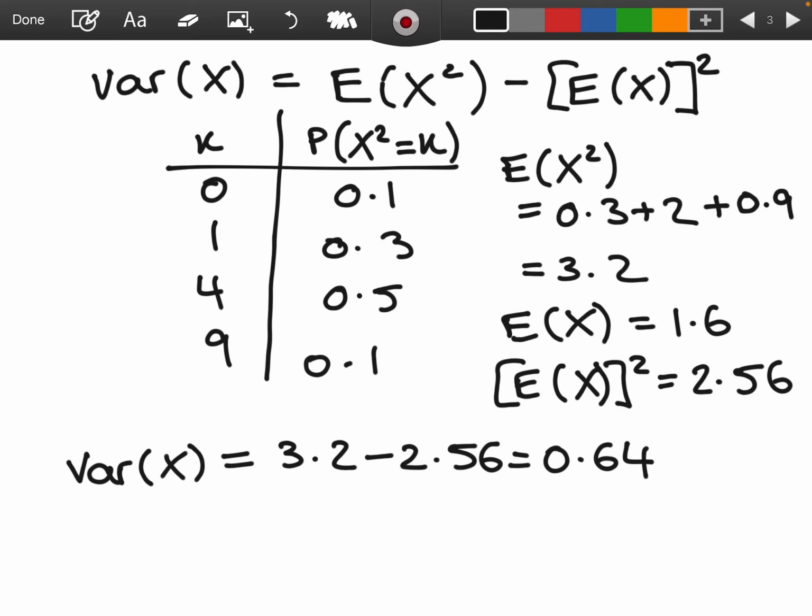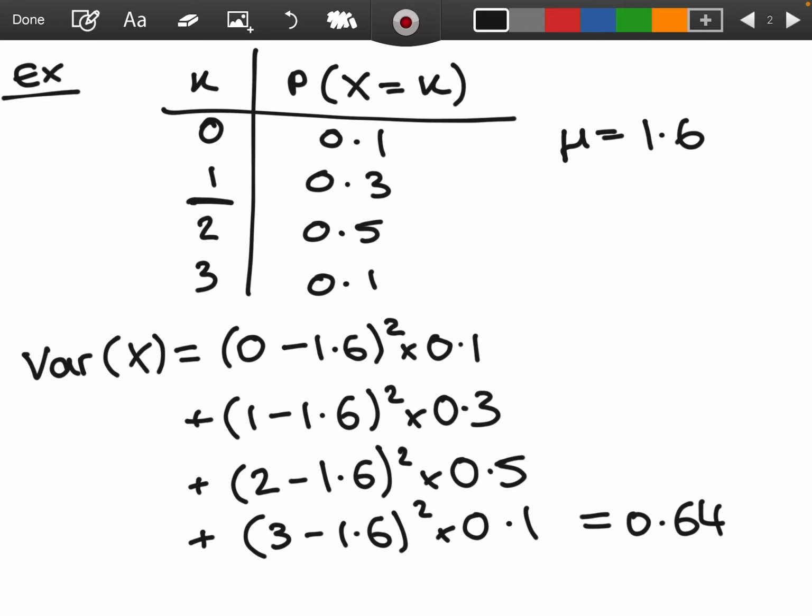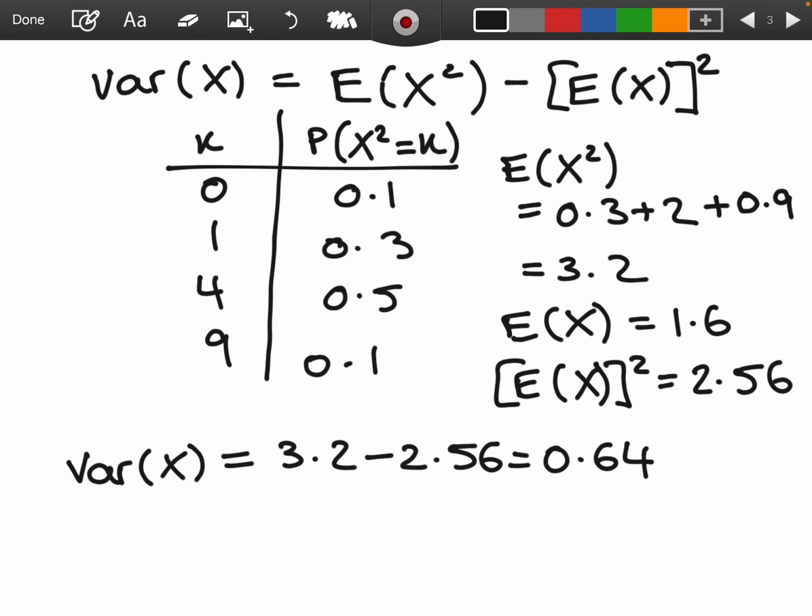So it depends how you want to do this. This can be easier if you do have a ton of data points, because then you're not having to go through this long formula of taking each value minus the mean, squaring it, multiplying it by the probability, etc. It's not bad when you only have 4 data points like we have here. But when you have a lot more data points, it can be easier to do it this way.